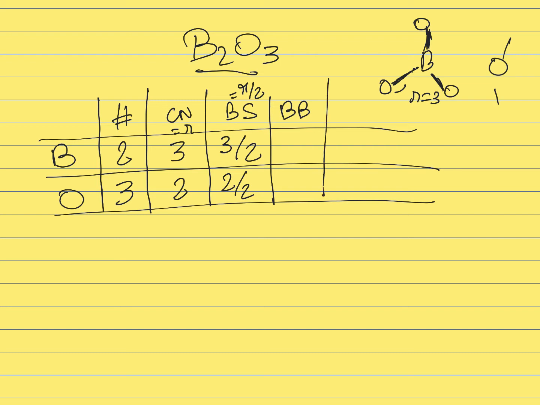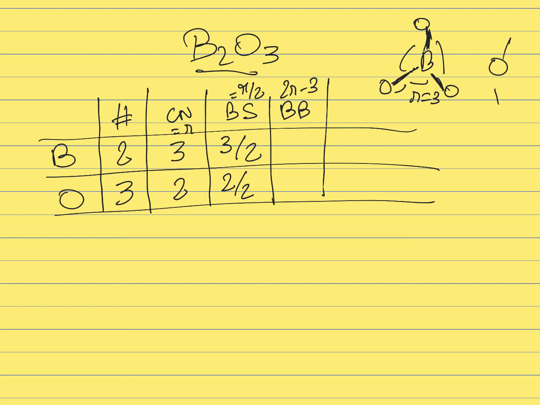So next, you have the bond bending constraints. In this case, the number of bond bending constraints is given by 2r minus 3, 2 times the coordination number minus 3. So for example, in the case of the boron, you have 1, 2, 3 bond bending constraints.